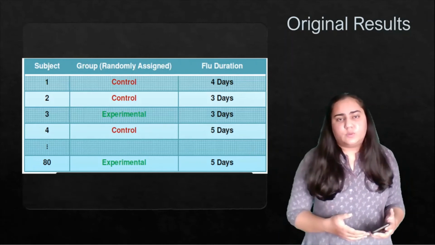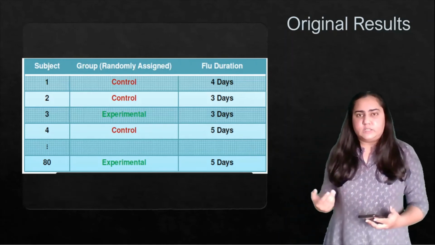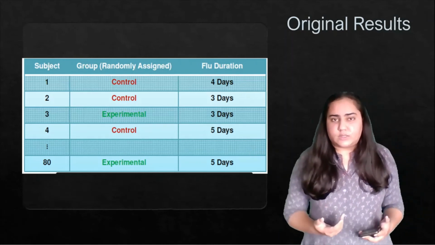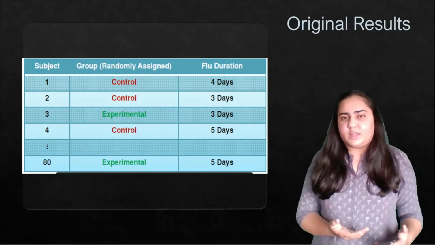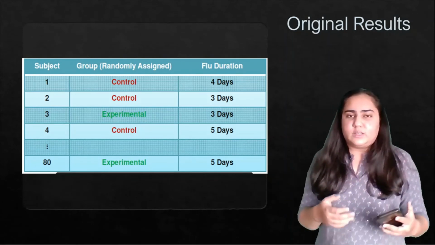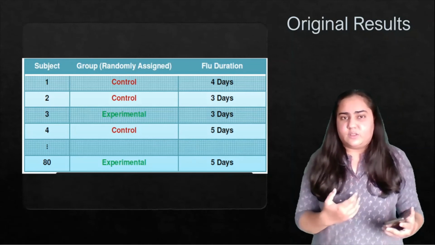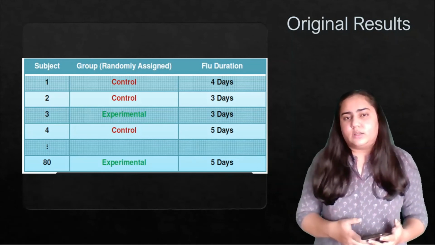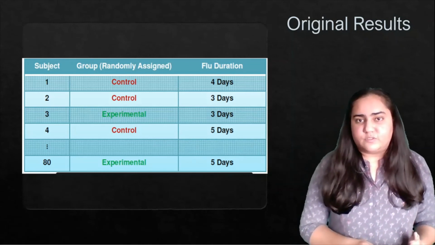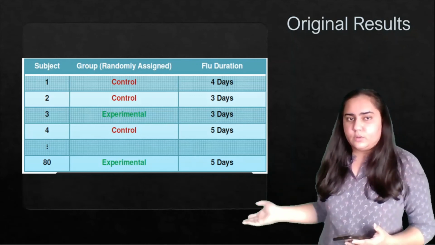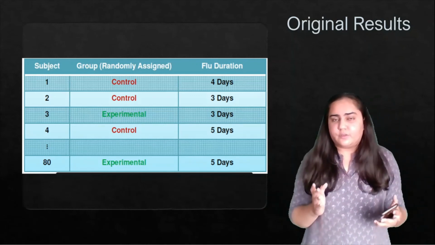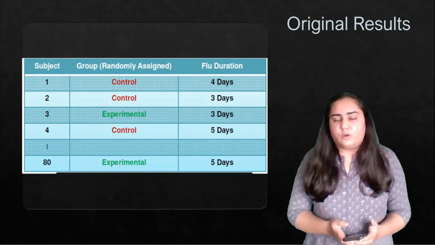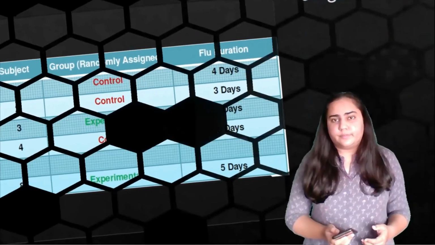The second volunteer was also in the control group and experienced symptoms for 2 days. The third one was in the experiment group. That means this person was given the real medicine and he or she experienced the symptoms for 3 days. And so on. Like that, we have a list of our original results for all 80 volunteers.